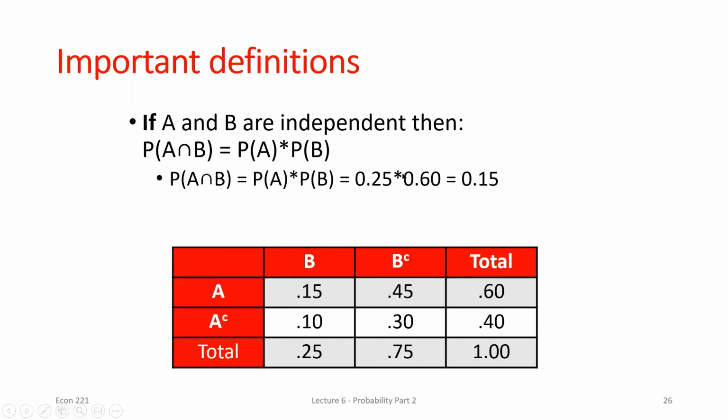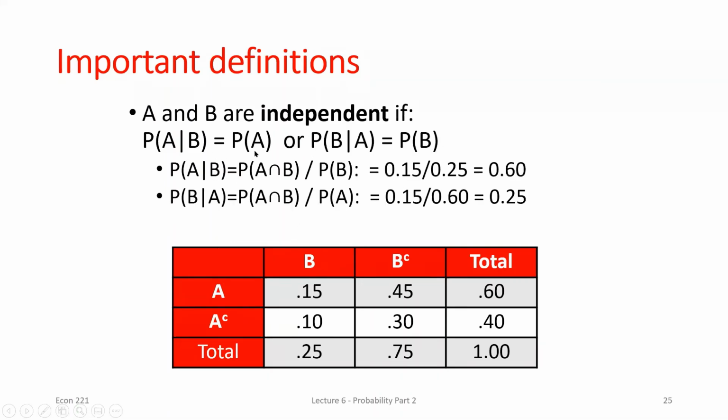Okay. So we really just went through three ways we could check for independence. We could check to see if this holds, or we could use the definitions of these and then use our contingency table to check it.